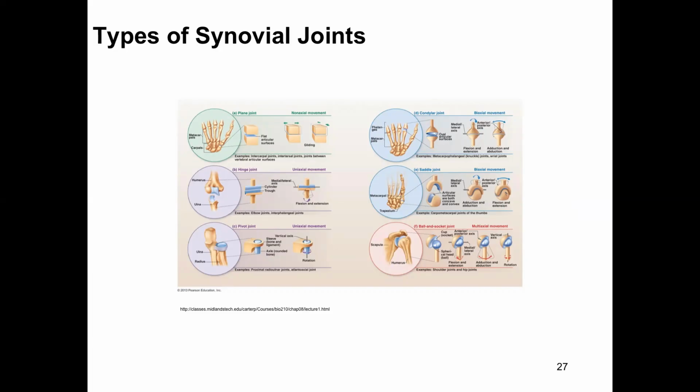So we have plane joints, hinge joints, pivot joints, condylar joints, saddle joints, and ball and socket. And to be really honest with you, I find condylar and saddle really hard to differentiate. And it really comes down to the shape of the joint, right? So if you say saddle joint, you think of somebody sitting on a saddle, all right? Literally, right? So here would be the legs and here's the saddle.